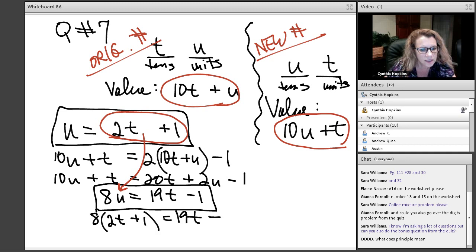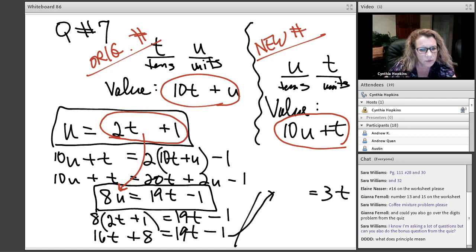So let me distribute. 16t plus 8 equals 19t minus 1. I'm going to subtract 16t from both sides, so I get a 3t on the right side of the equal sign. Then I'm going to add 1 to both sides. I get 9 on the left side, and when I divide both sides by 3, we get t equals 3.